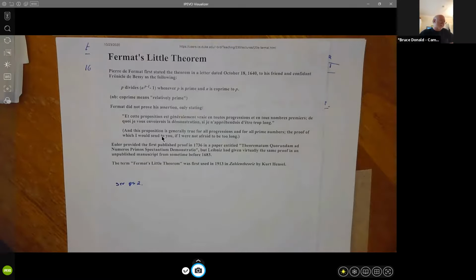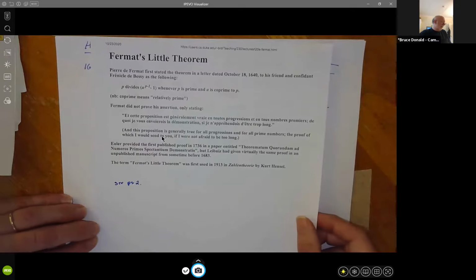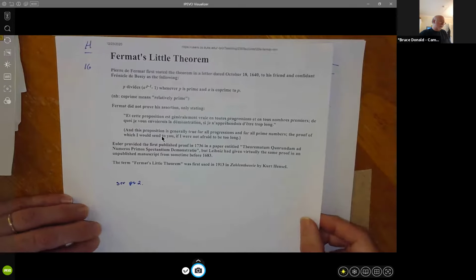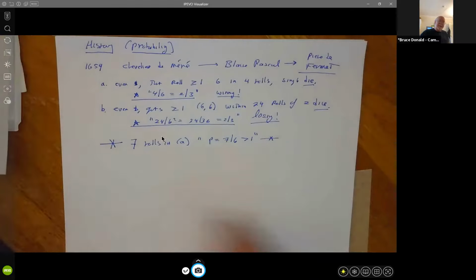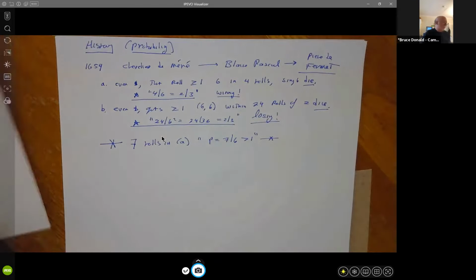If you'd like to look at the history of this, you can also look at the history of Fermat's comments on his so-called last theorem, which was proved by Andrew Wiles about 380 years later, where he had a different but similar comment. So anyhow, the story of Fermat, the story of de Méré involving Blaise Pascal, and indeed, these probabilities are wrong, and we can calculate them correctly using the tools that we've already seen.